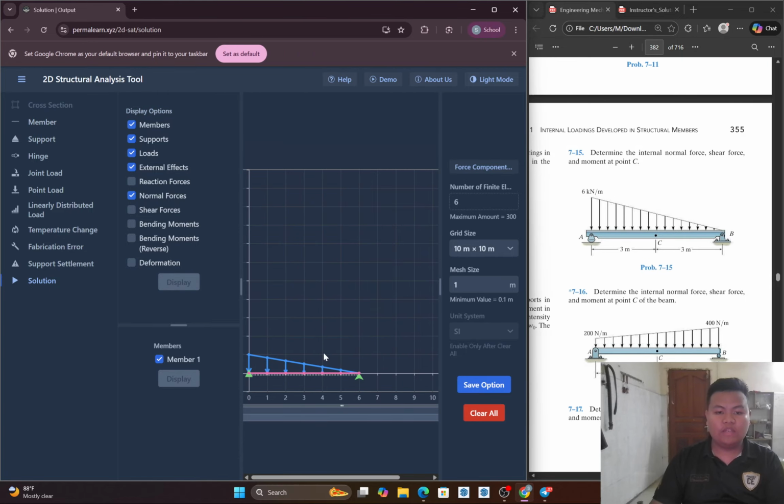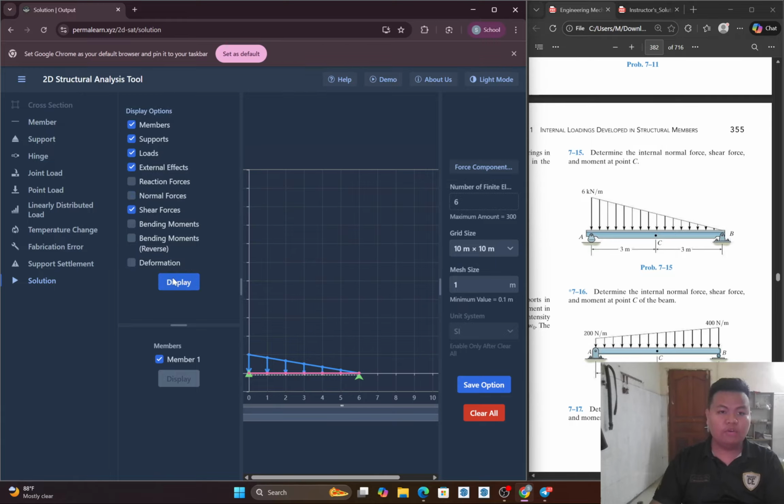PermaLearn will show you the whole normal force diagram of the exercise, but in our exercise we just want to know at point C. As you know, point C is in the middle, so you just click in the middle. The normal force at point C is equal to 0.